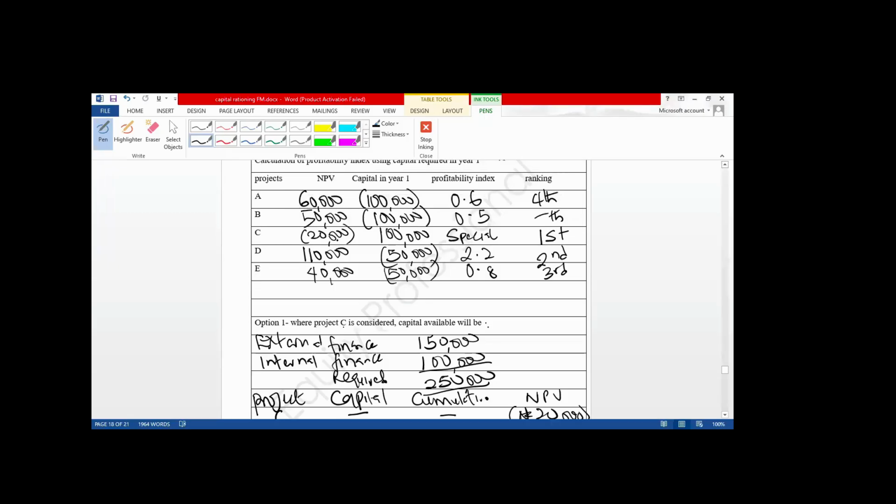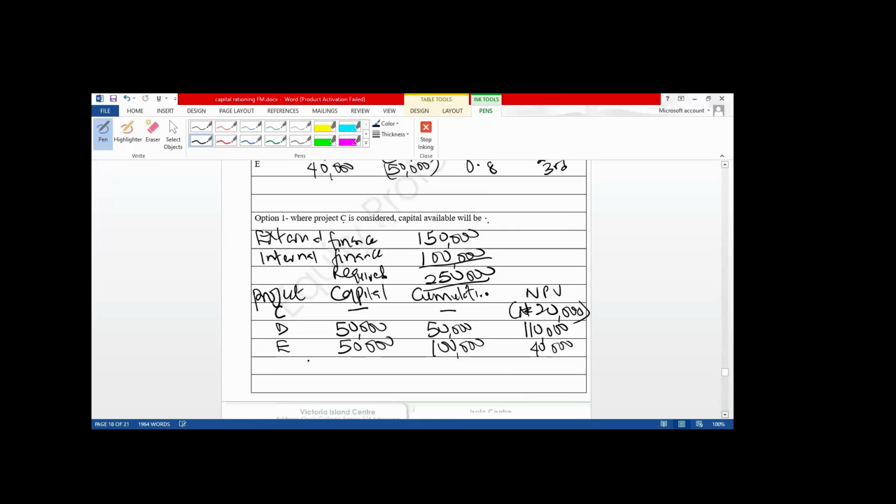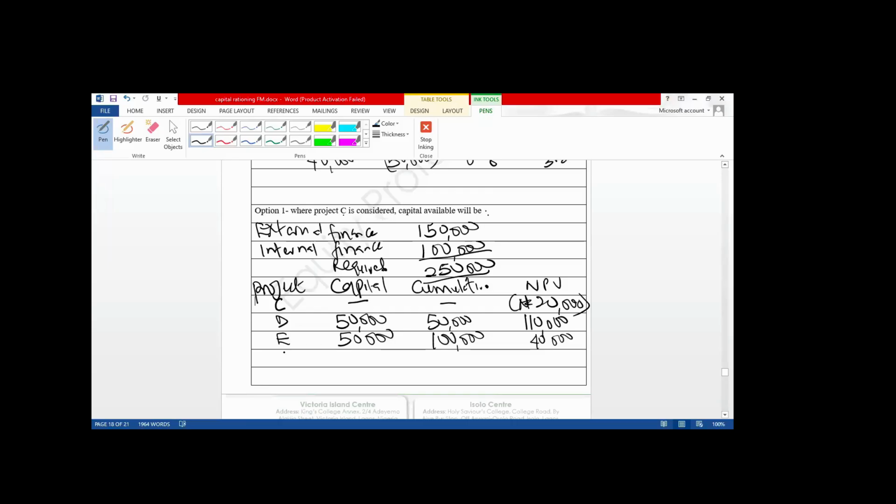Followed by project A, capital required 100,000, cumulative 200, NPV 60,000.